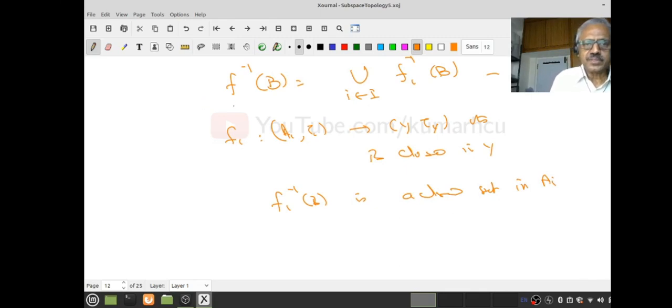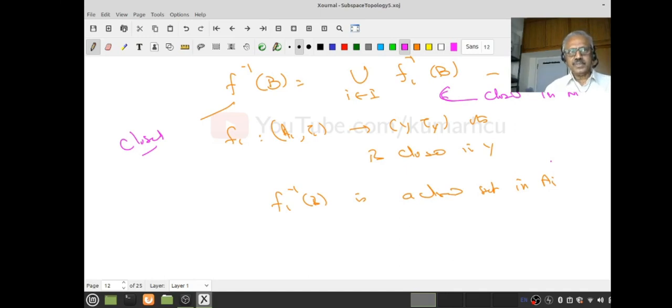I want to know that this is closed. Even if I know fi inverse of B is closed in A, a union of closed sets need not be closed in X. This is closed in A, it may not be closed in X.